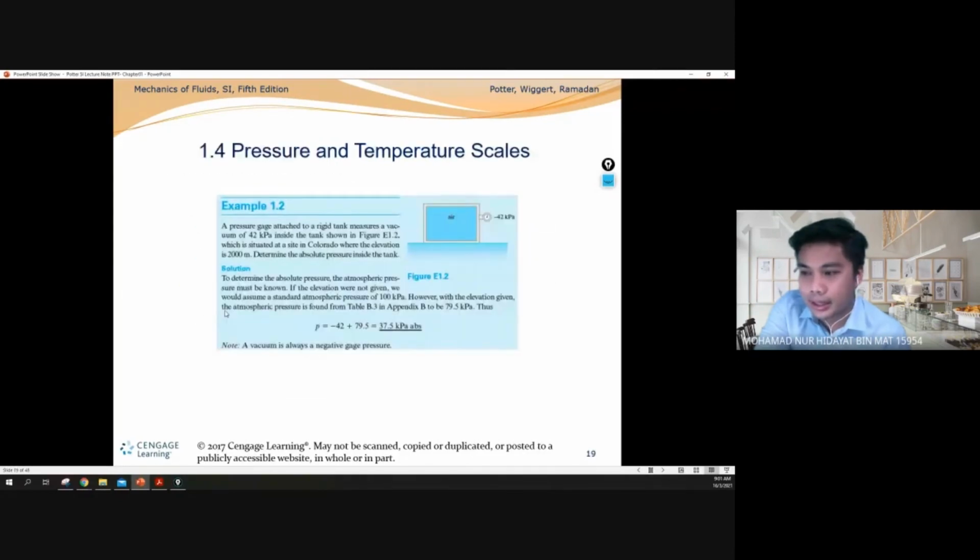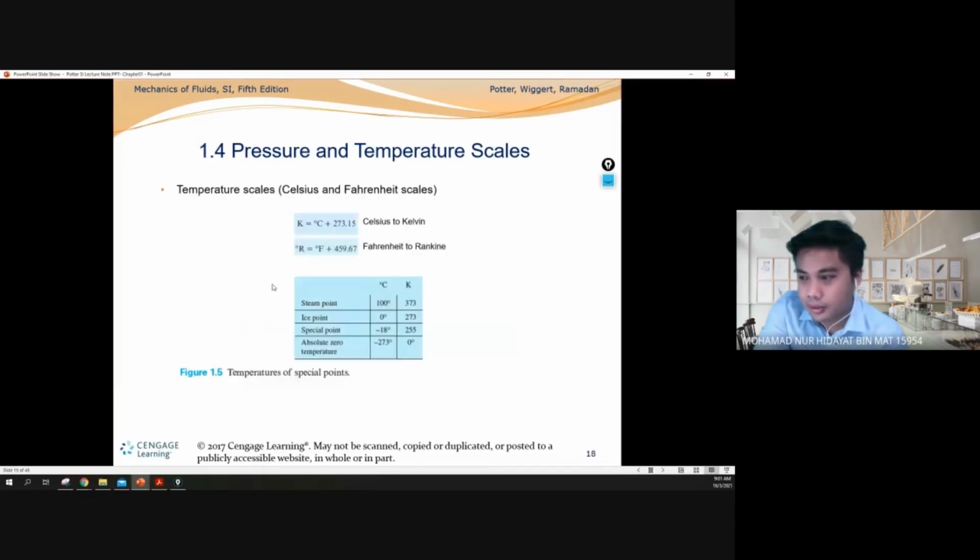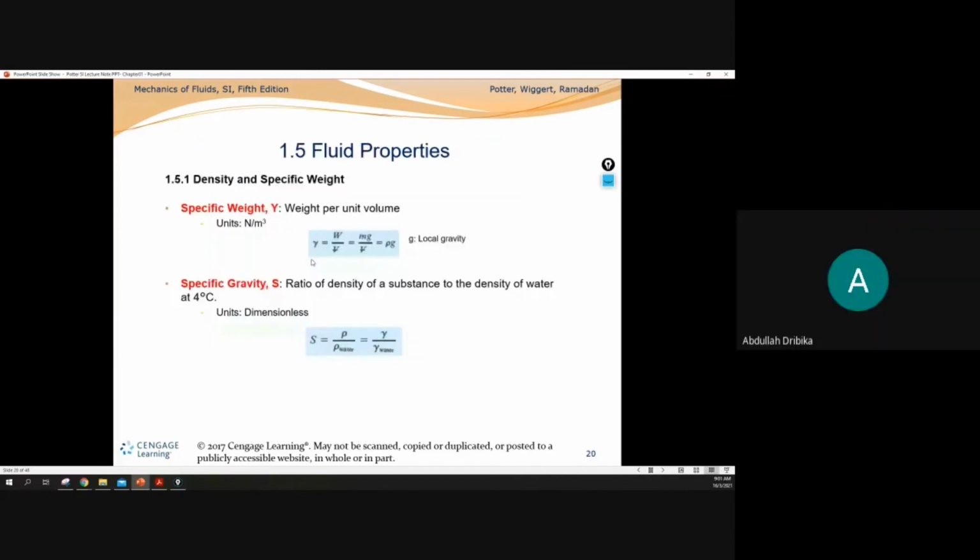Okay, I think I will explain to you in the next session. This is actually the example, the one with the specific gravity.